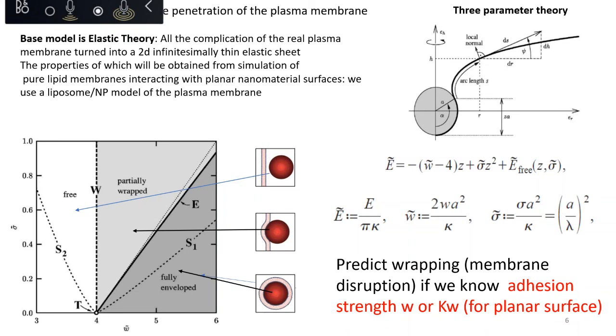So we could predict wrapping, which you could interpret either as significant membrane disruption or actual entry into the cell, if we know the adsorption strength, which here is called W, but in the following is going to be KW. KW represents the adsorption strength on a planar surface, not on a curved surface. And we'll come back to that later.